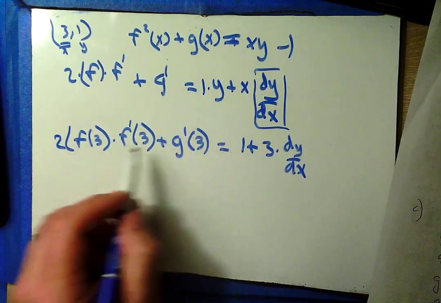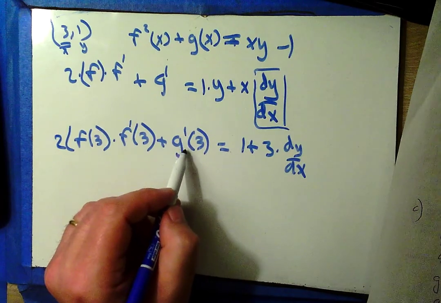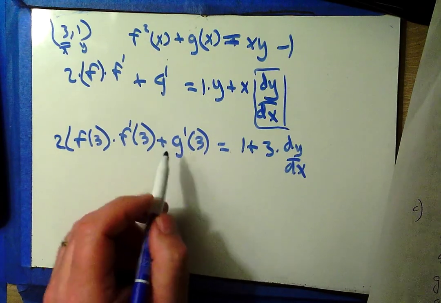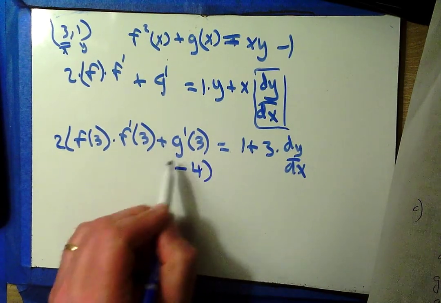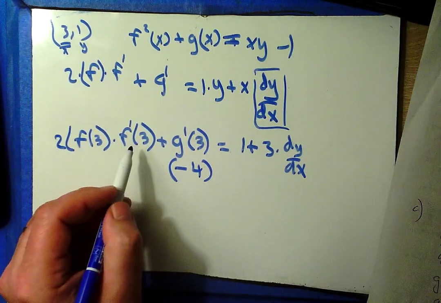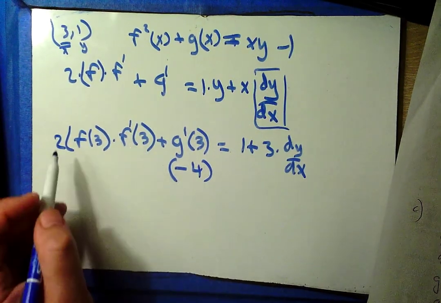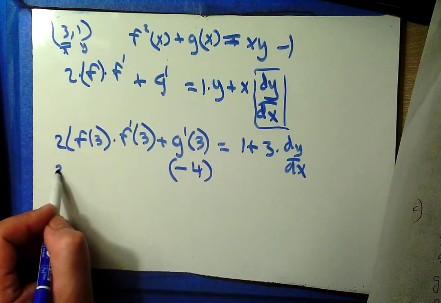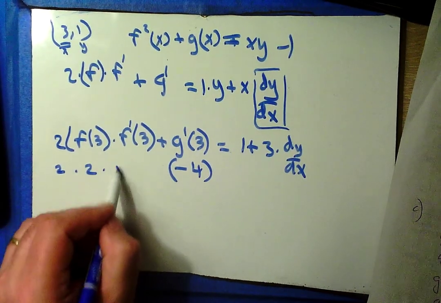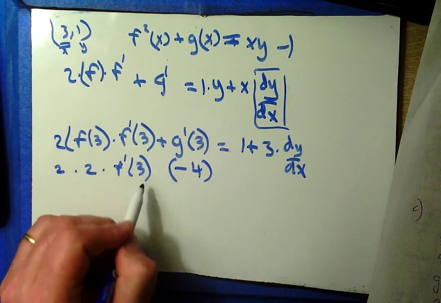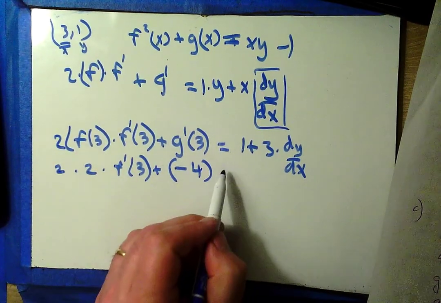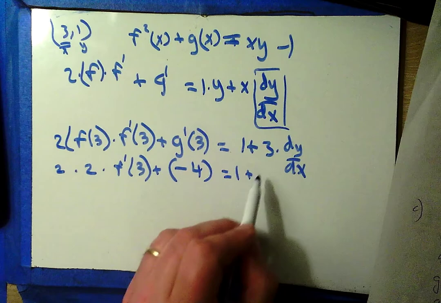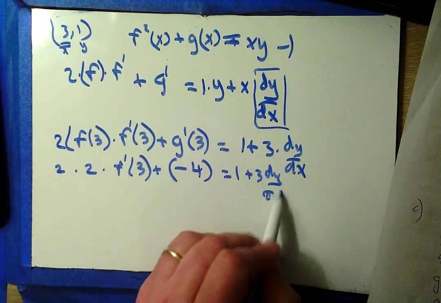Okay, so I can get g prime of 3 off the table. That's negative 4. They gave me f of 3 was equal to 2. So this is 2 times f prime of 3 plus that equals 1 plus 3 dy dx.